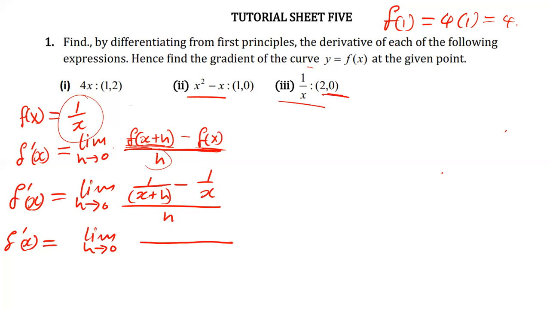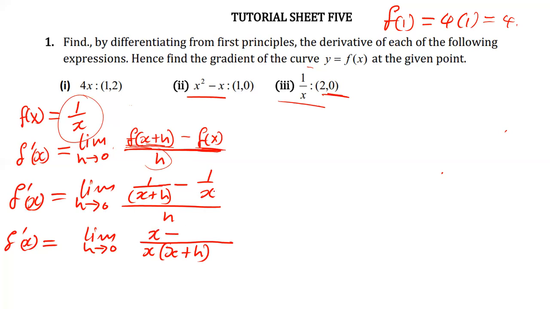The common denominator of x plus h and x is simply x plus h multiplied by x. So when you say x plus h into x plus h times x, that is simply x. And then x times 1 there, the answer will be x.